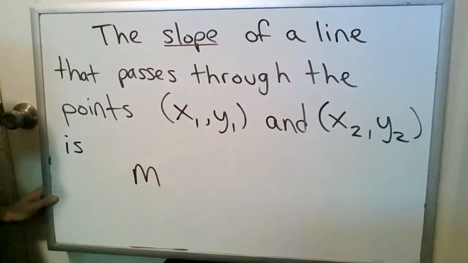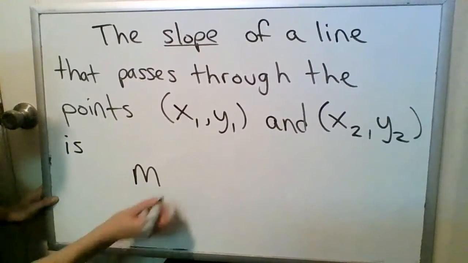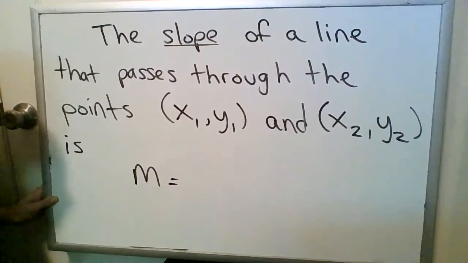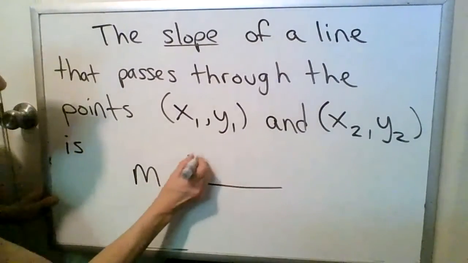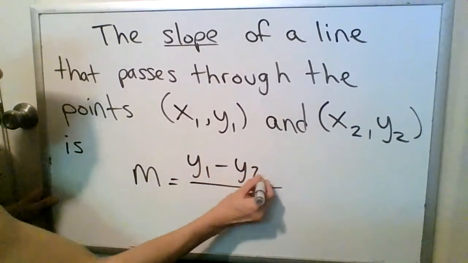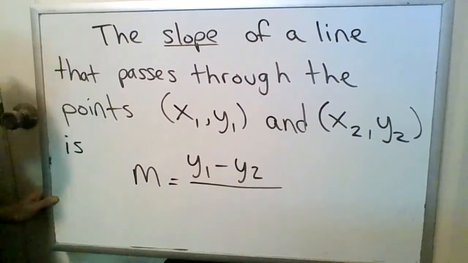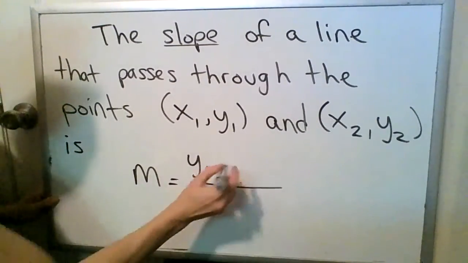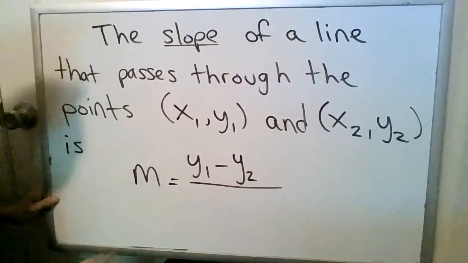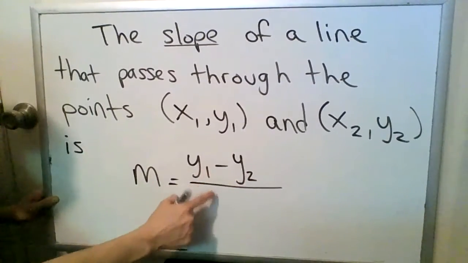That lowercase m, you take the difference in y values, divide by the difference in x values. y1 subtract y2, and then the subscripts match.